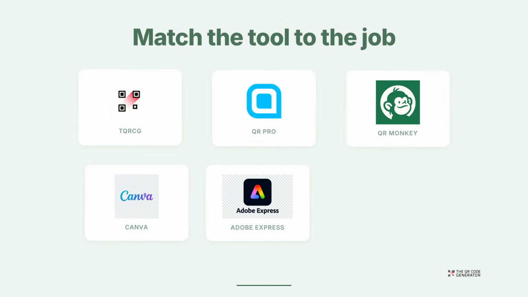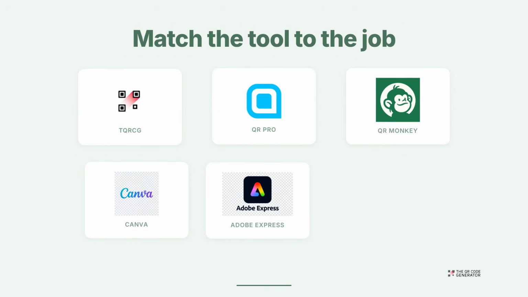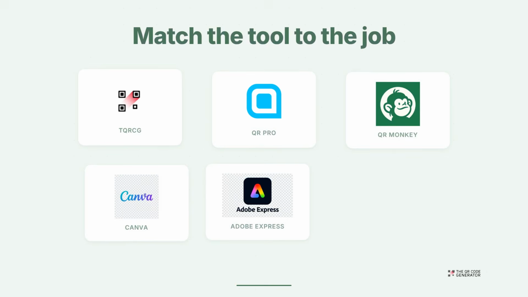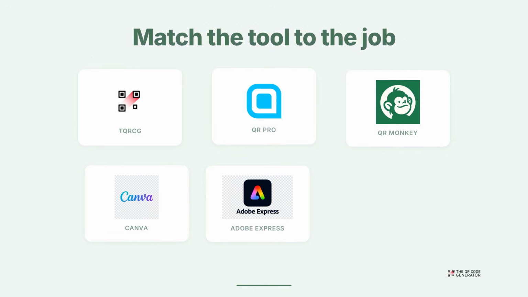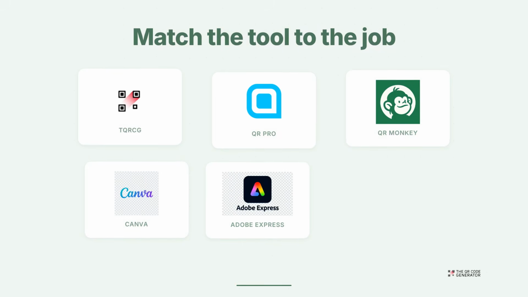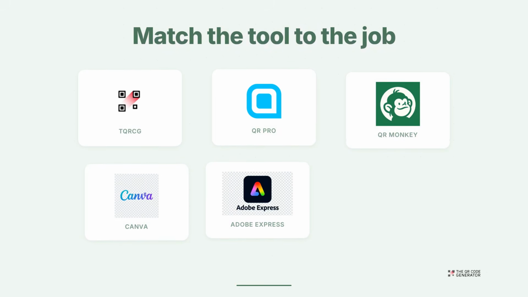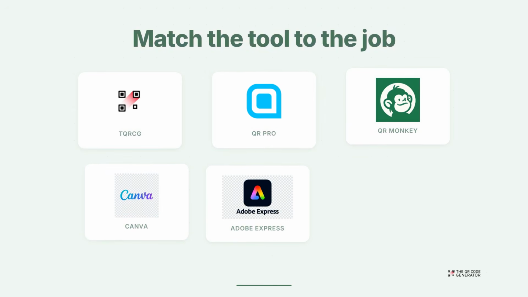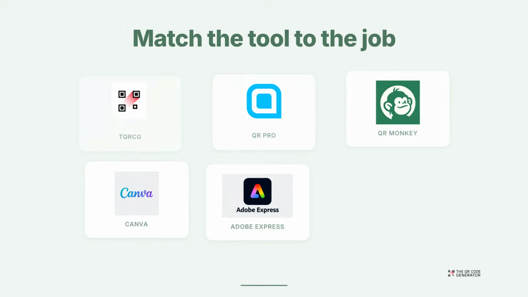For unlimited free static codes with real design control, a scannability check, and vector downloads before you print, TQRCG covers it without a subscription. QRCode Generator Pro, QRCode Monkey, Canva, and Adobe Express each work too, depending on whether you want standalone customization or a code built right into a design tool you're already using.